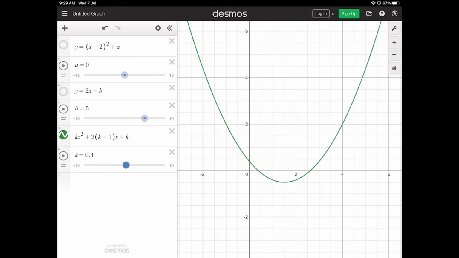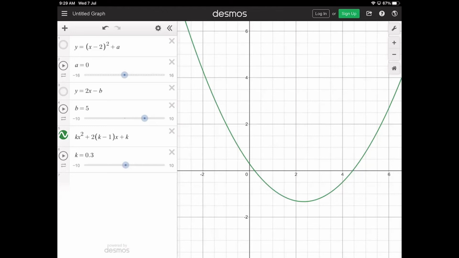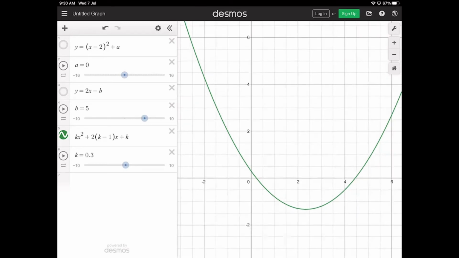And there you can see, okay? As k gets less than a half, now I want to show you something interesting. If you imagine we make k equal to 0, what are we going to get? A straight line. Yeah, we're going to get a straight line.